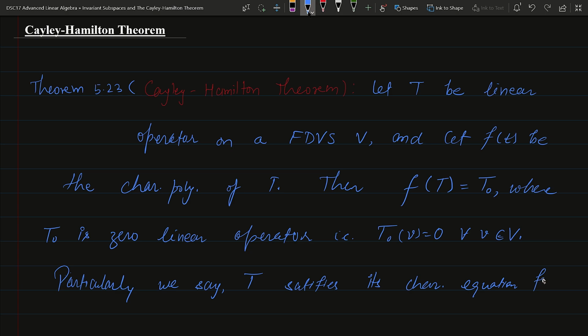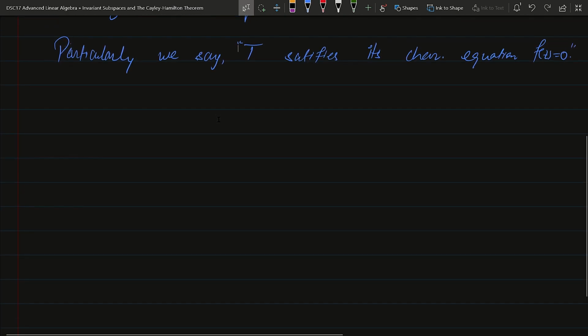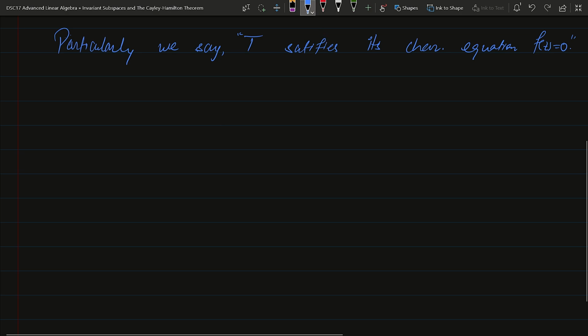Okay, which is equation f of t equals to 0. So this is the statement of Cayley-Hamilton theorem, and proof is quite simple, in which we will use the statement from the last lecture. So let us write the proof.